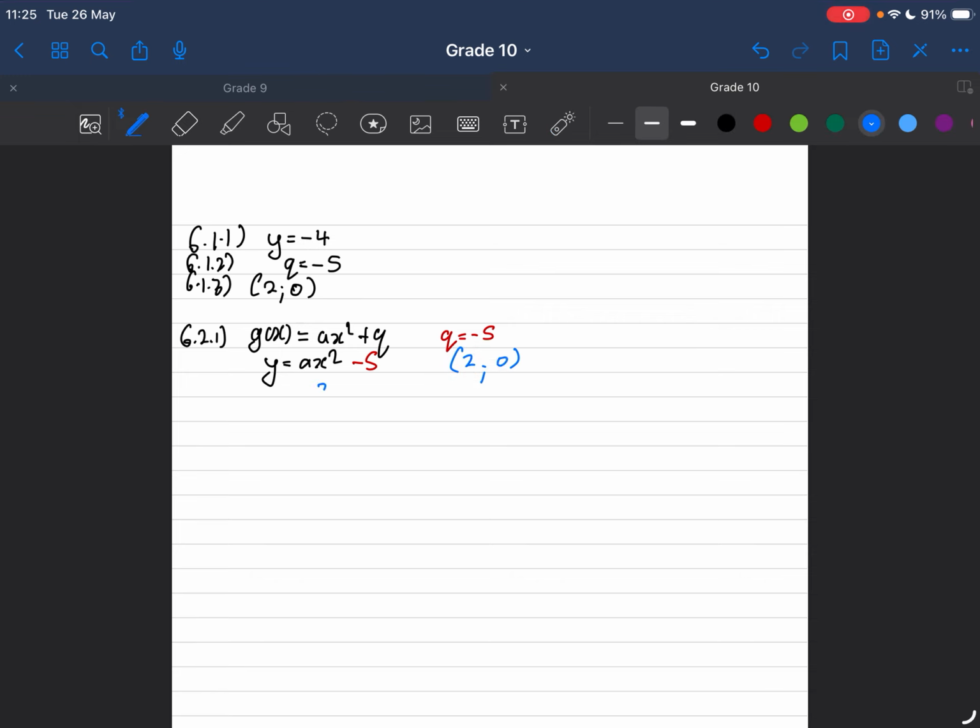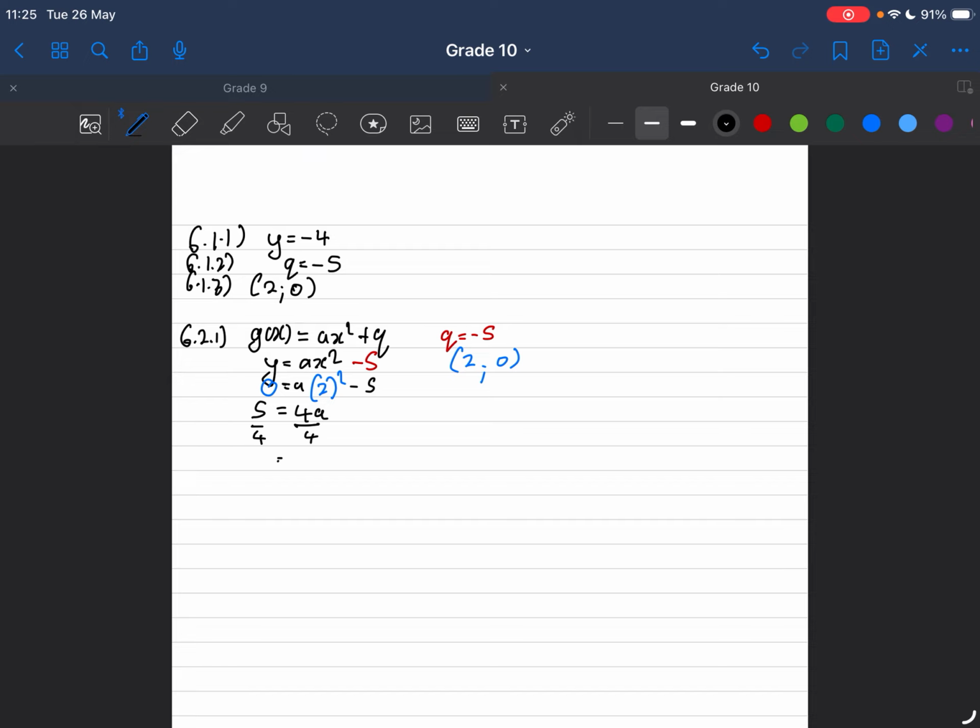So basically we have 2 squared over here and 0, and the rest of my formula, a minus 5. So that's going to be a times 2 squared, which is a times 4, which is just 4a minus 5. If you move the minus 5 across, it becomes a positive 5.